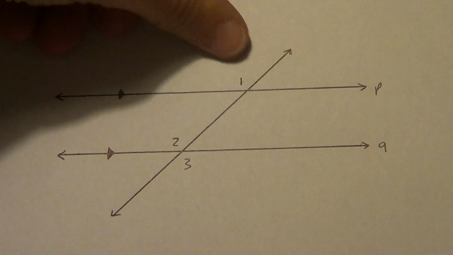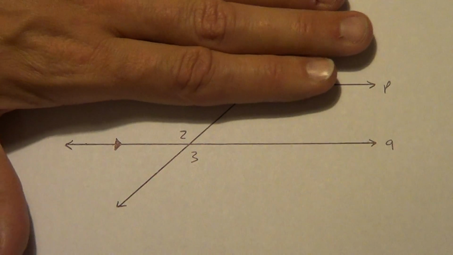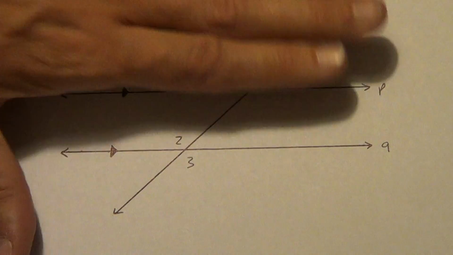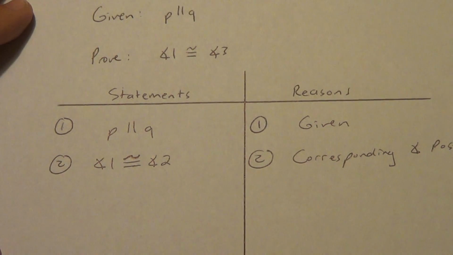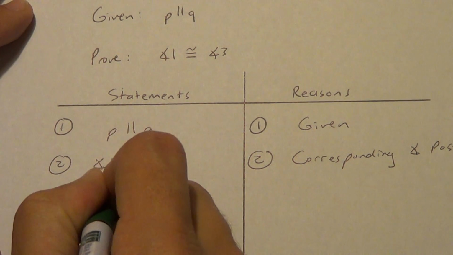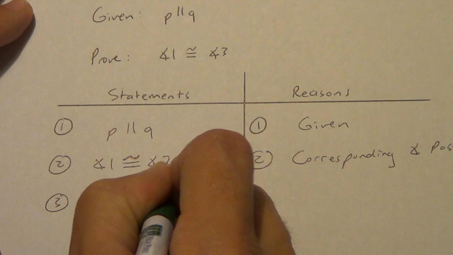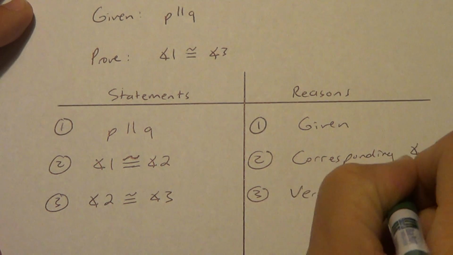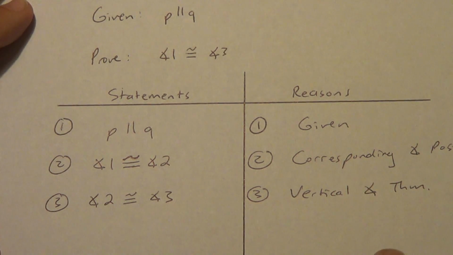Okay, come back up here. I'm going to completely ignore this top part this time. And what do I know about 2 and 3? Those are vertical angles. So angle 2 is congruent to angle 3 by the vertical angle theorem. And then I don't even need to look up at my picture anymore.